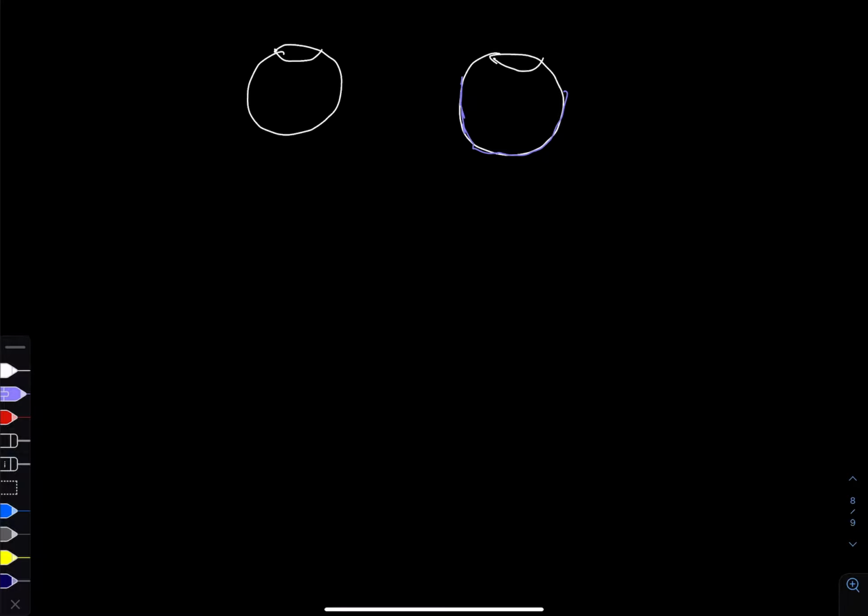The medial side of the retina, or the nasal side of the retina, so if your nose is right here, the nasal side will be like this. This nasal side is going to have part of the optic nerve go out. It's going to cross the midline and go like this. That's called the nasal retinal fiber, and it's going to be receiving information from the nasal side of the retina.